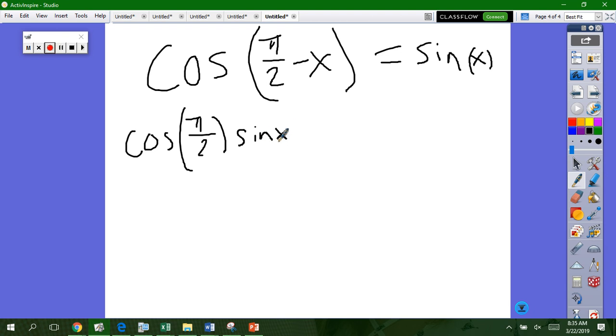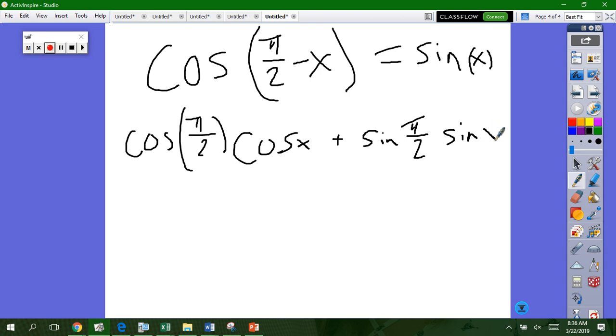Is everybody there with me? Minus, oh, that's wrong. Nope, that's all wrong. Cosine of x, there we go. Plus sine of pi halves sine of x. Okay?